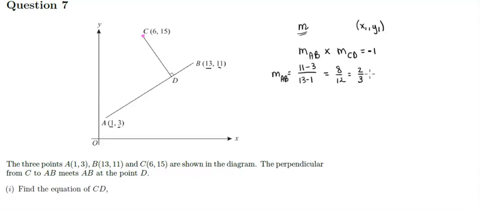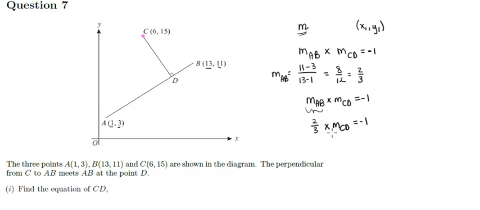So what we can do now is just substitute 2/3 in place of the gradient of AB over here, and then we can find the gradient of CD. So the gradient of AB multiplied by the gradient of CD must be minus 1. We know the gradient of AB is 2/3 times the gradient of CD.